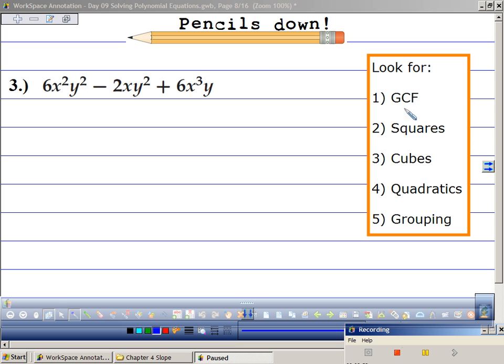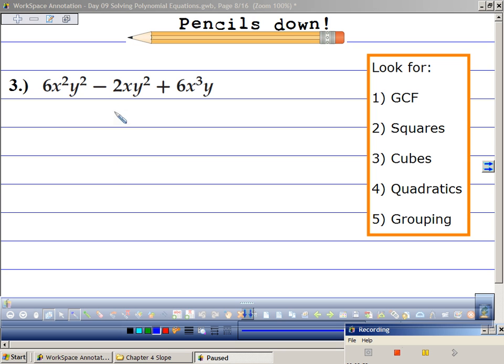All right, let's look at this one. Is there a GCF? But before I go on and pull out that GCF, I need to also see if there's any type of squares or cubes or quadratics before I pull out. You guys aren't listening, right?